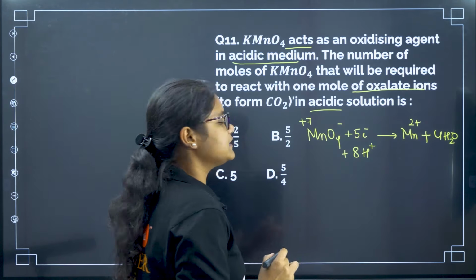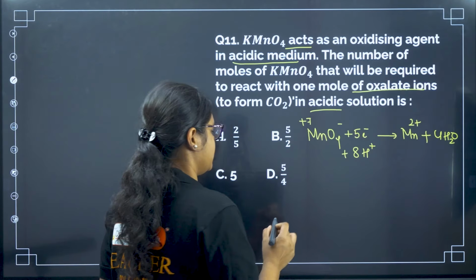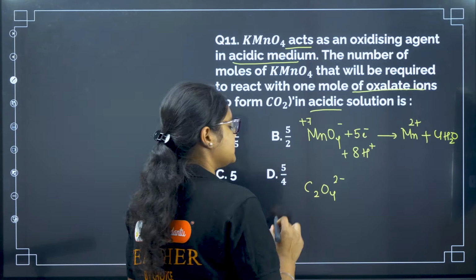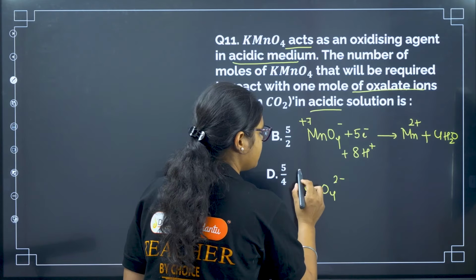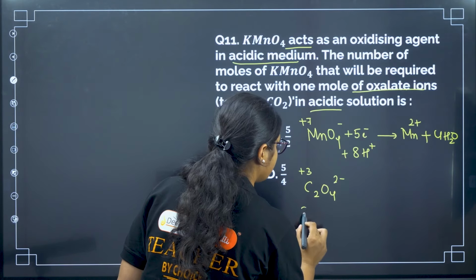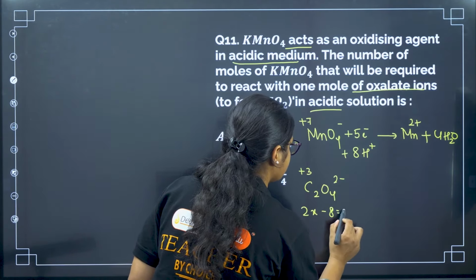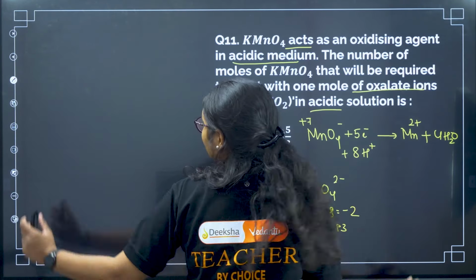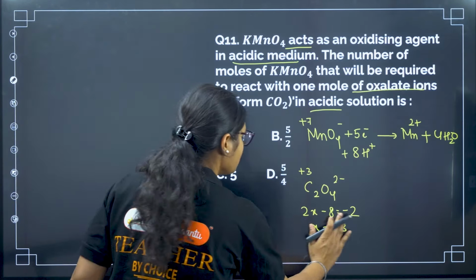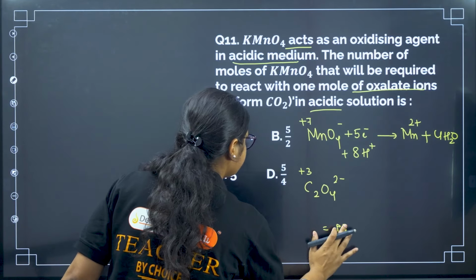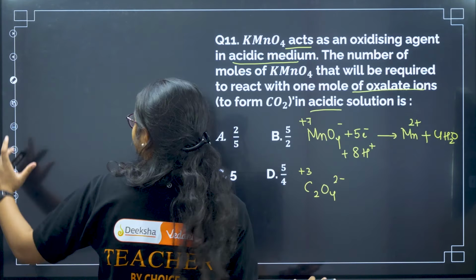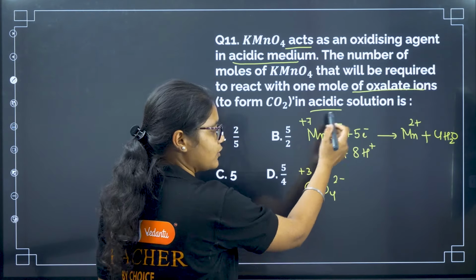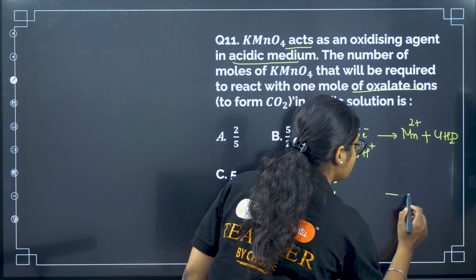Now oxalate ions, C2O4 2 minus, right? What is the oxidation state of carbon here? Plus 3, right? If you calculate, 2x minus 8 is equal to minus 2, so x will be equal to plus 3. C2O4 2 minus is the reducing agent, so it will get oxidized to CO2.